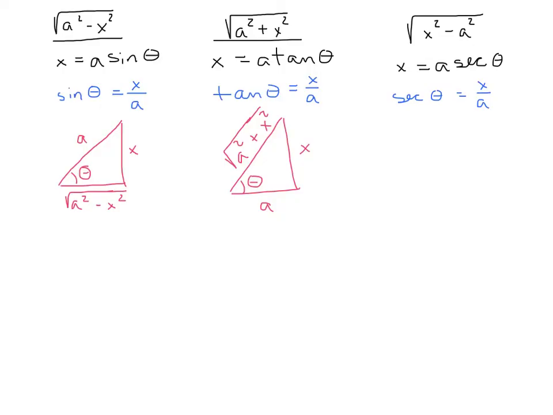So triangle, if I put theta in there, secant is going to be the hypotenuse over the adjacent leg. And so then the other leg of the triangle, I would have square root of the hypotenuse squared, so x squared minus a squared. There we go.